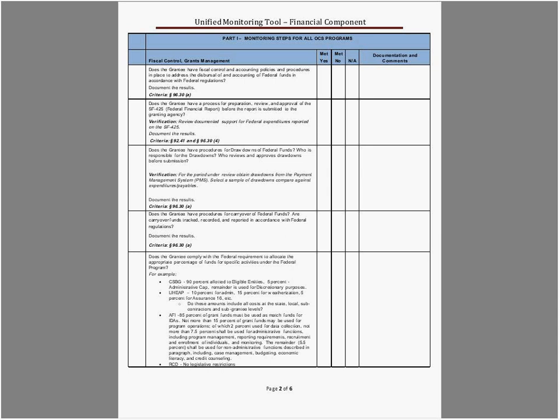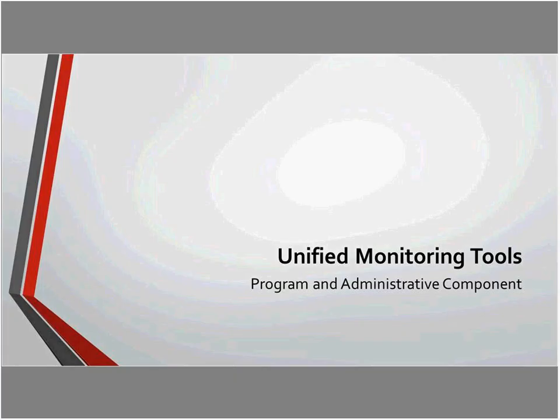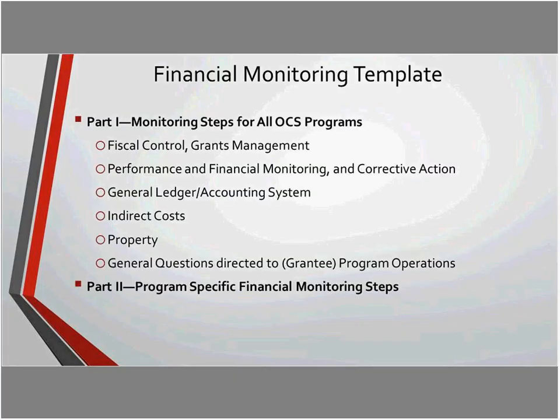To say that, can you go back to the bullet points in the PowerPoint presentation? Okay, great. So the components here are the performance and financial monitoring and corrective action.